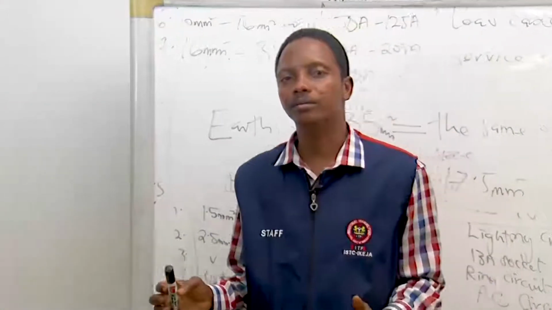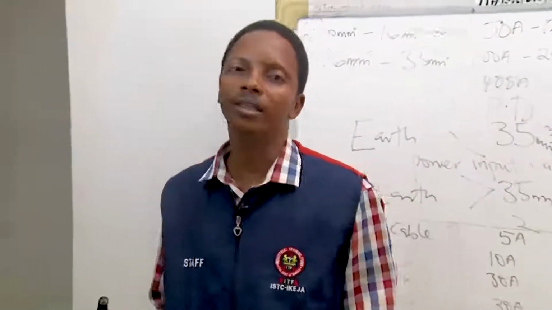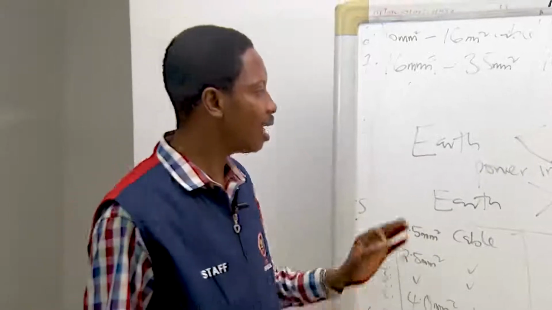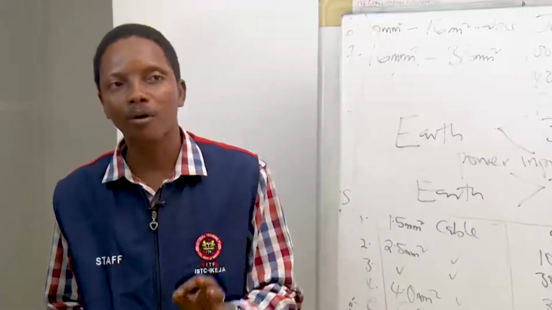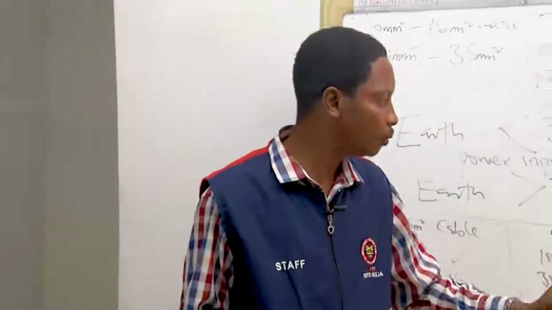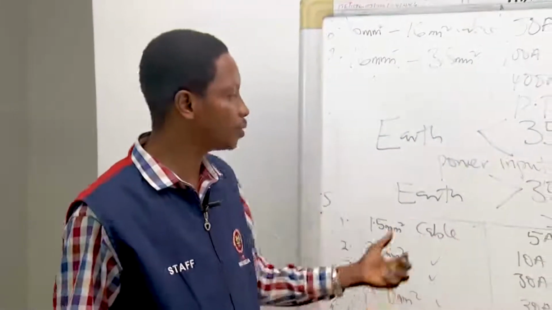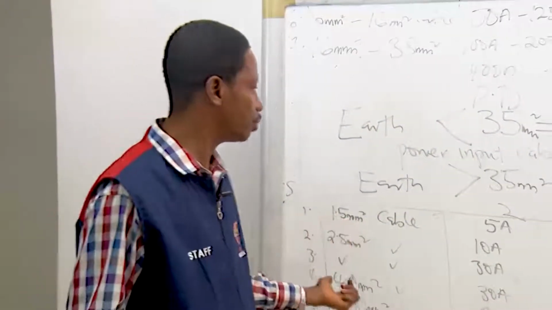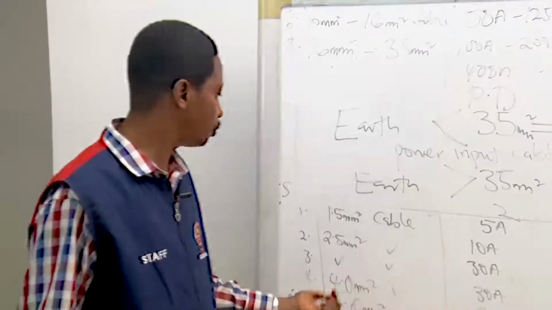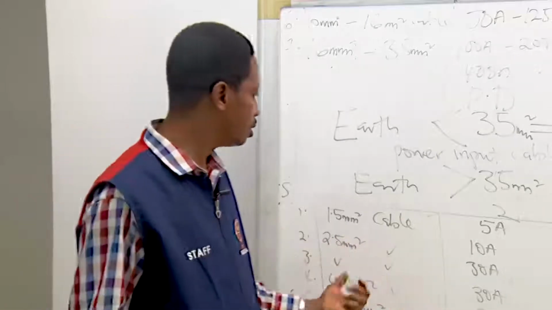From this, cables are very key. So there are specific sizes of cable for specific jobs. Lighting, 1.5; 13-amp ring socket, 2.5; AC line, 4 mm; cooker unit, 6 mm.